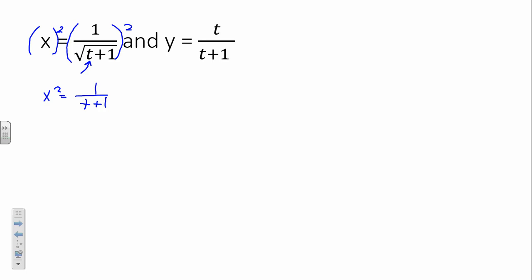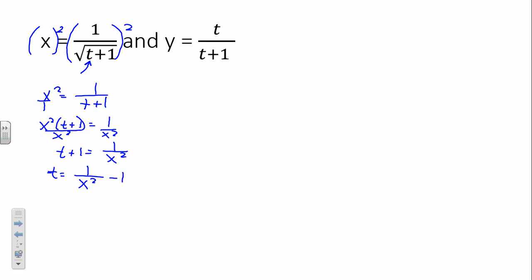And if you want to think about that as inverting both sides, you can. Or if you want to think about that as cross-multiplying, you can. We'll have an x squared times this t plus 1 is equal to 1, right? And we're trying to get the t plus 1 all by itself, so we would divide by x squared. So if t plus 1 is 1 over x squared, what do we have to do to get the t by itself? Subtract 1. So t will be 1 over x squared minus 1.